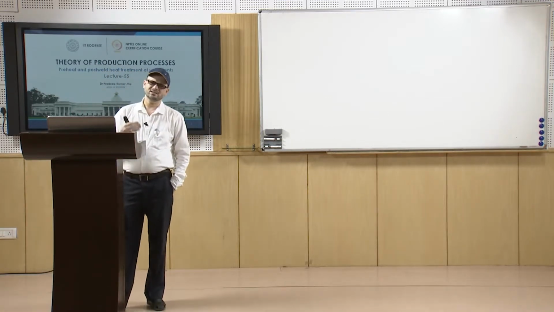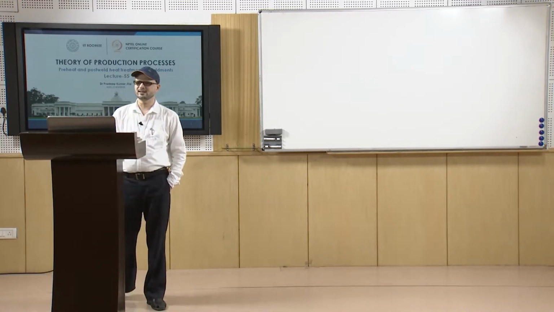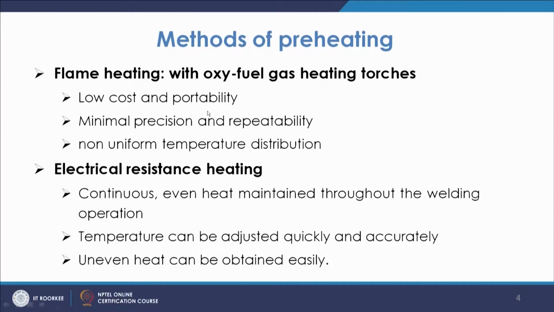The attributes of oxy fuel gas flame heating are that it is low cost and portable. That is the advantage of this type of flame heating mechanism, because you can take it to any place. You need the cylinders of oxygen and acetylene, and you can generate the flame and heat it.